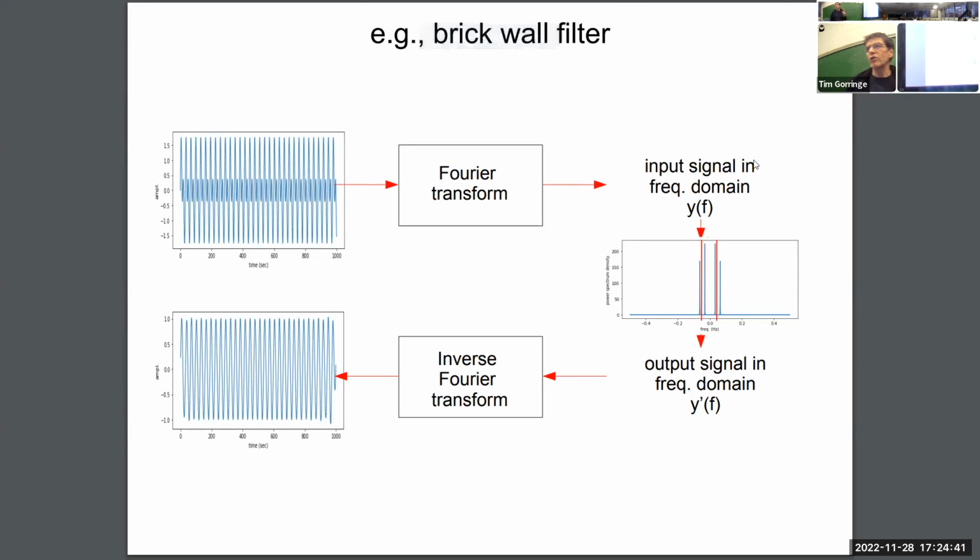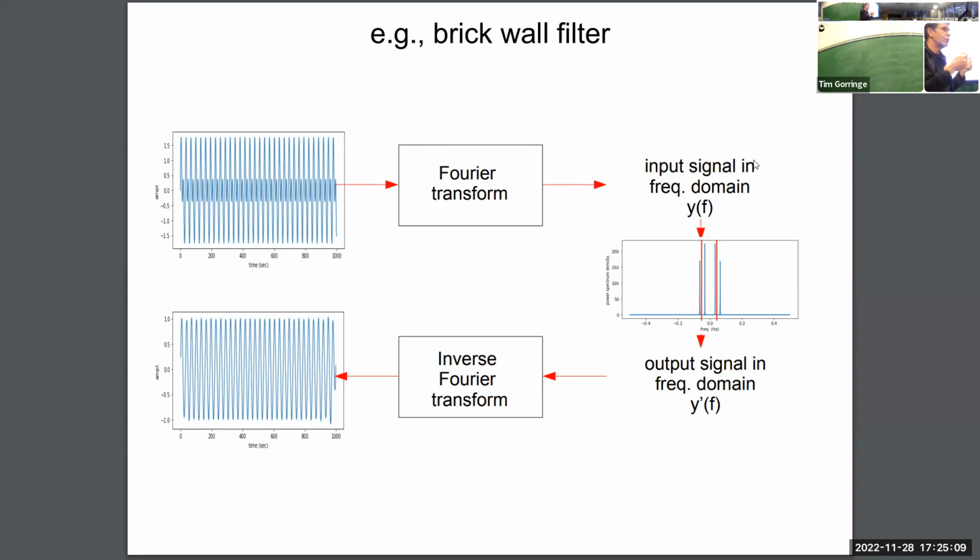Okay, so I'm going to show you two examples of doing this. One is called a brick wall filter, and the other is called a carpet cleaning filter, and they operate in two different ways. The brick wall filter can be useful for the following type of problem.